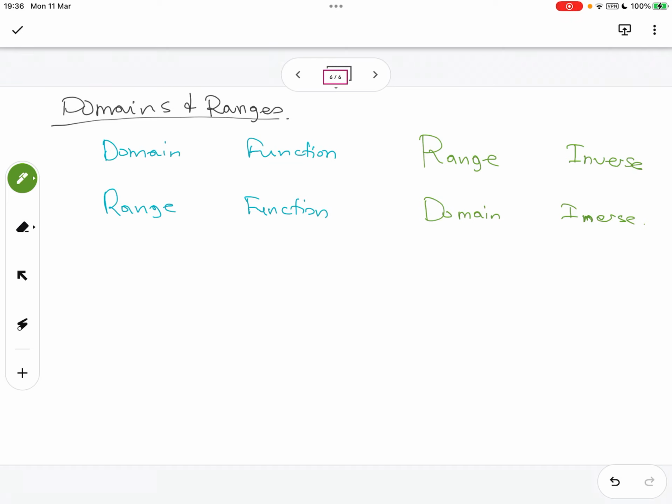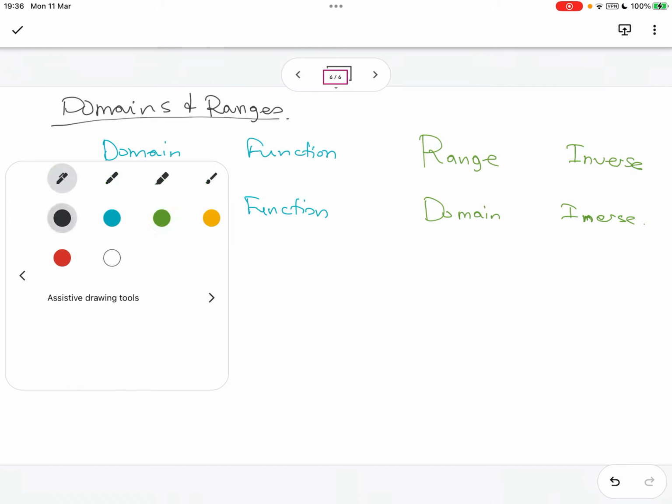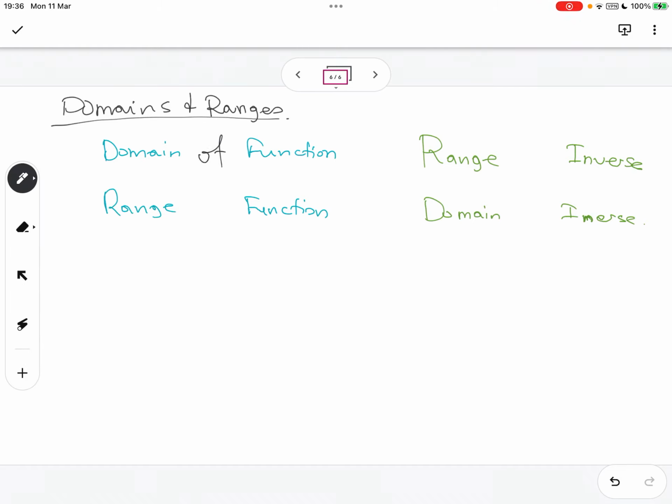It's going to make sense as we carry on, but keep it in mind, make a mental note, keep it somewhere you can easily refer to it, because we're always going to keep coming back to this knowledge. The range of the function equals the domain of the inverse, and the domain of the function is the range of the inverse, right?